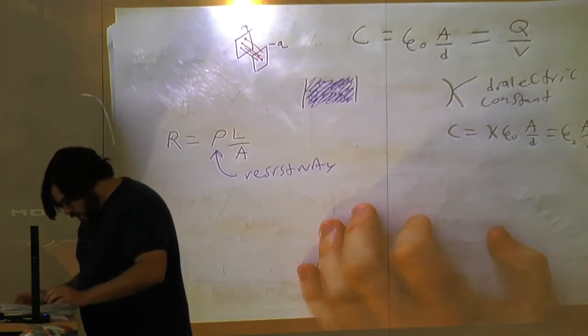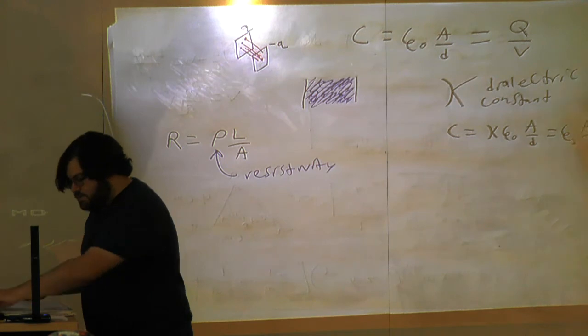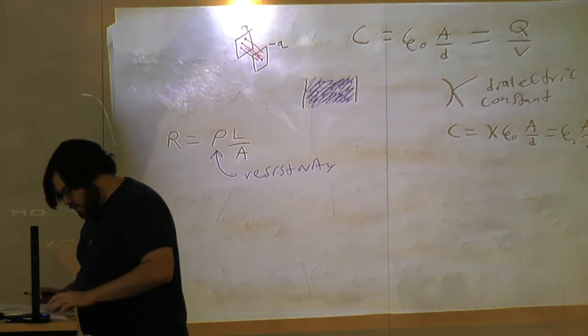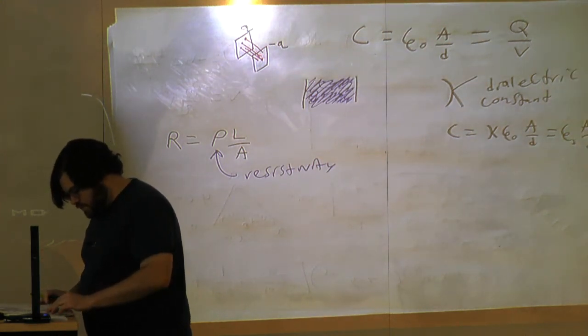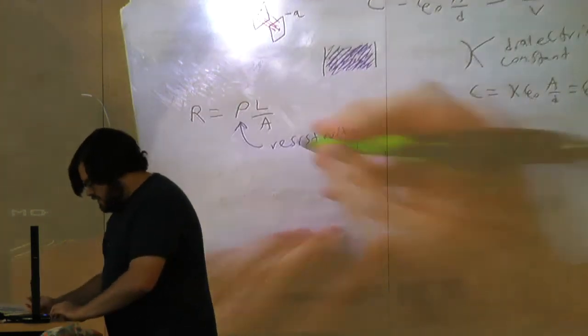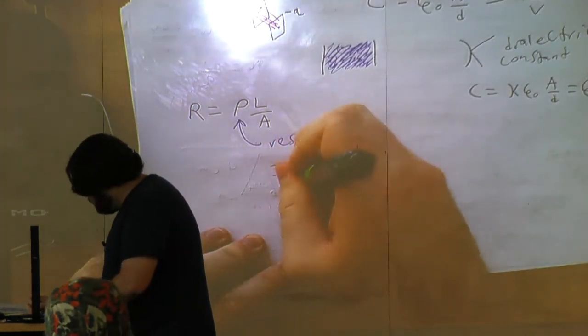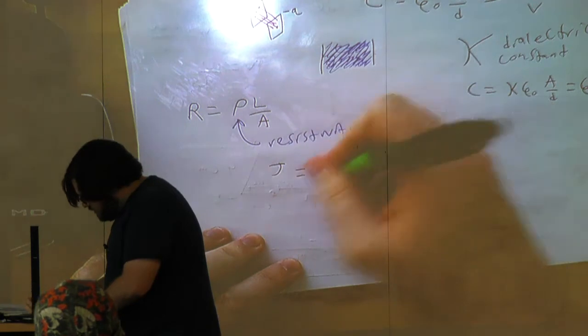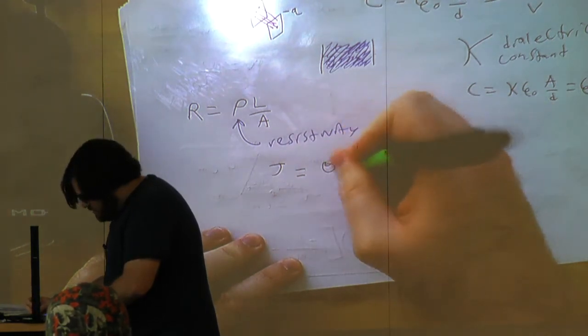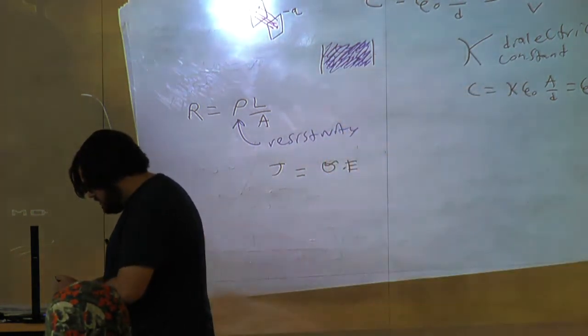So the next thing that we're going to talk about is current density. Okay? So for current density, we use J, and it depends on sigma times electric field. What is sigma?